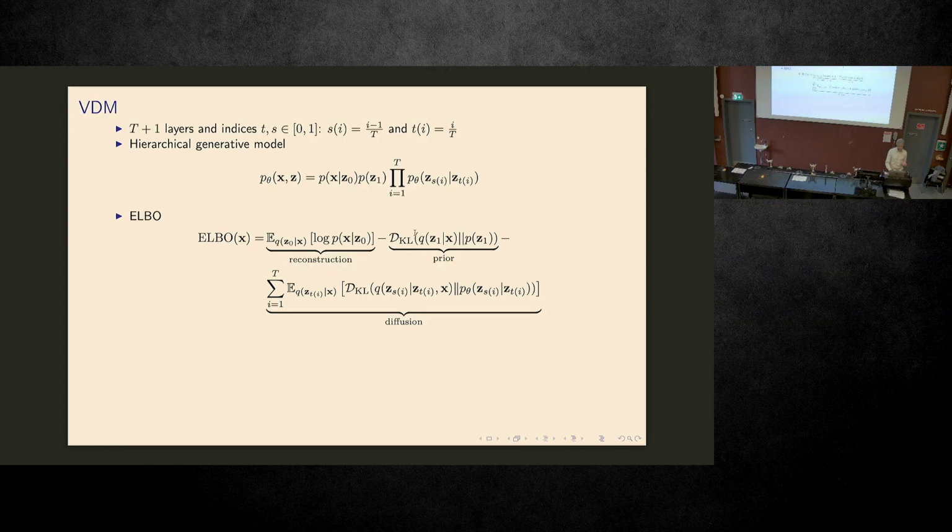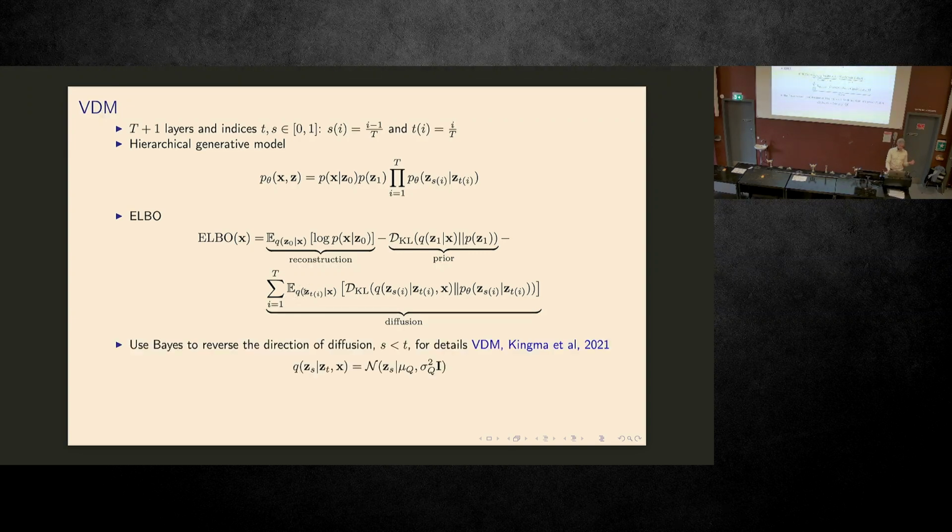It has a prior term, which is a KL divergence between the prior, this 0, 1 normal, and our encoding of the corresponding latent variables. And then it has a diffusion term, which is just a KL between all the intermediate conditional distributions, averaged over this marginal distribution here.